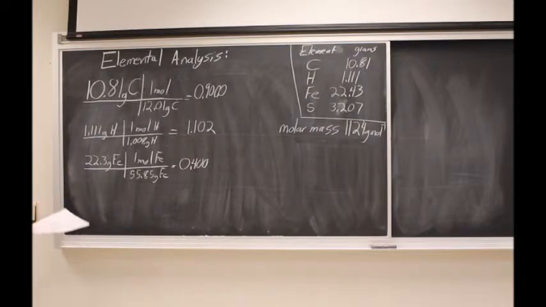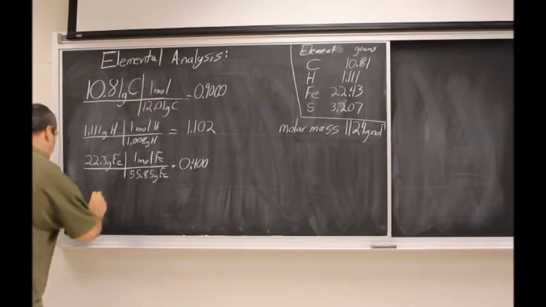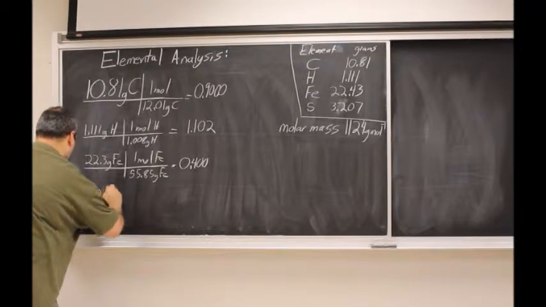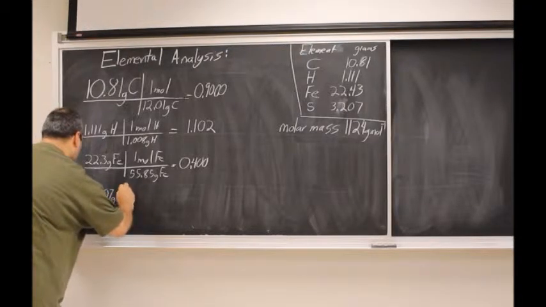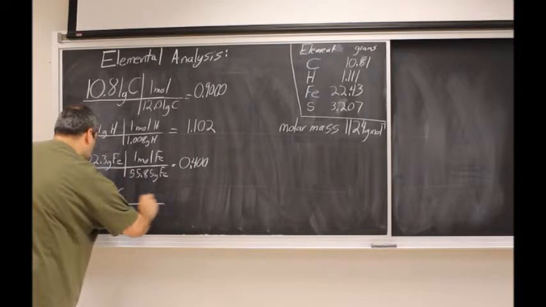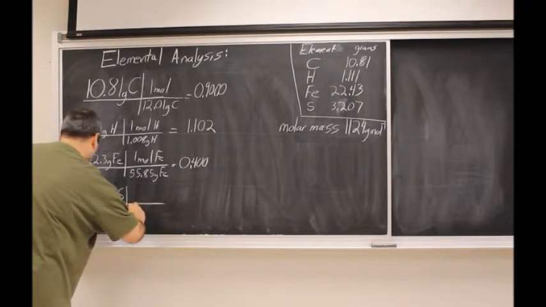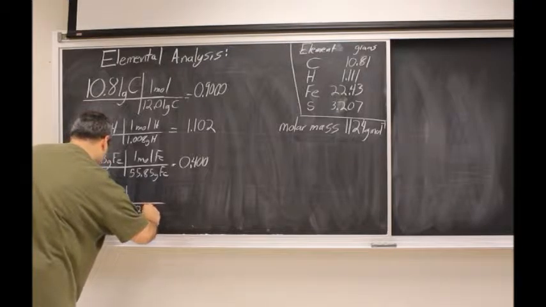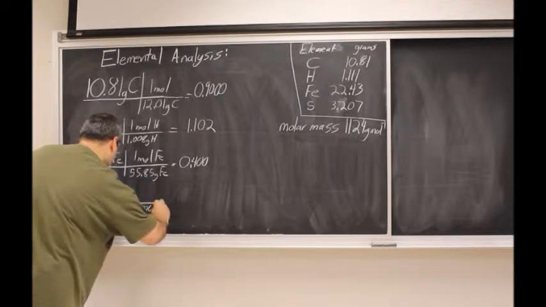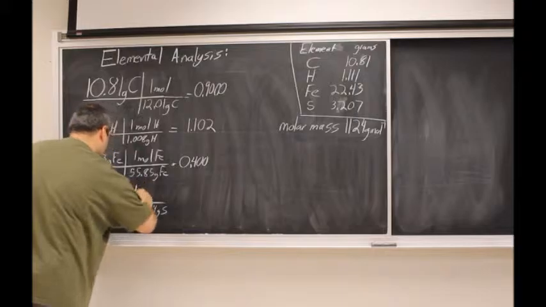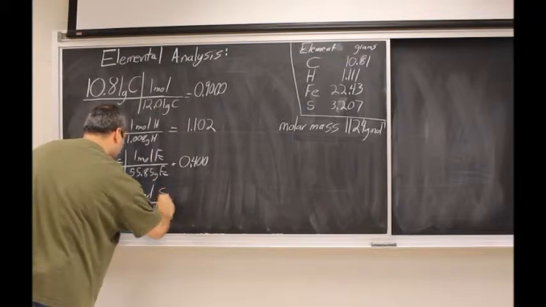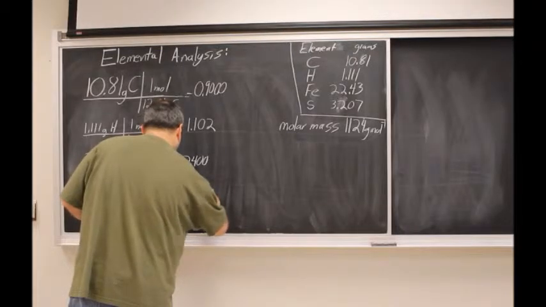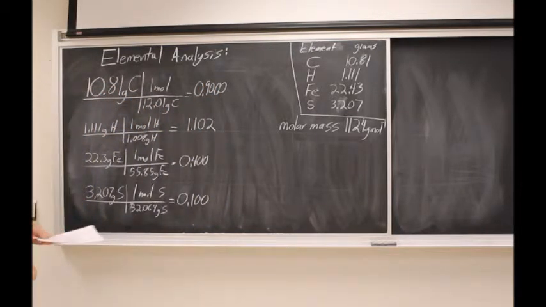So grams of iron to moles of iron, and finally, we convert the sulfur from grams of sulfur to moles of sulfur. And it's understood that these are all in units of moles.